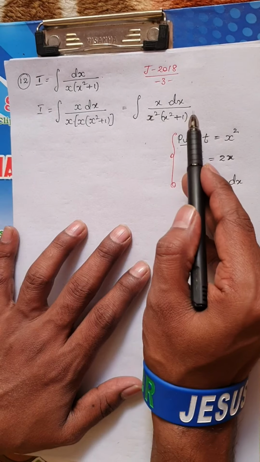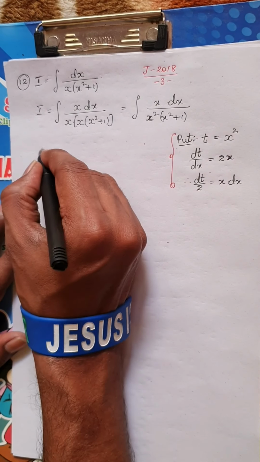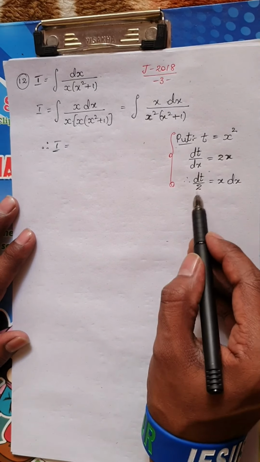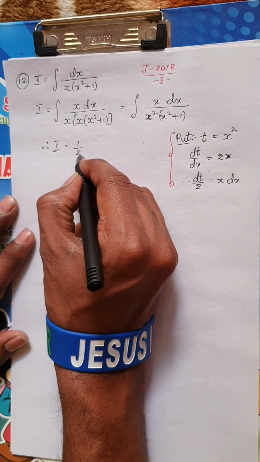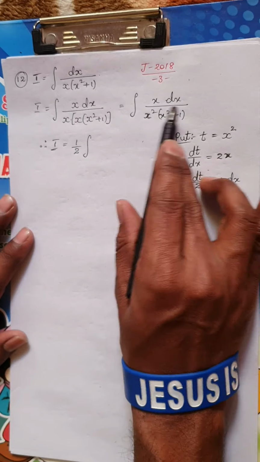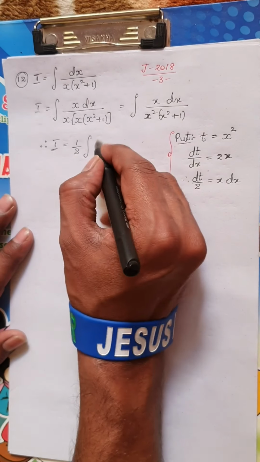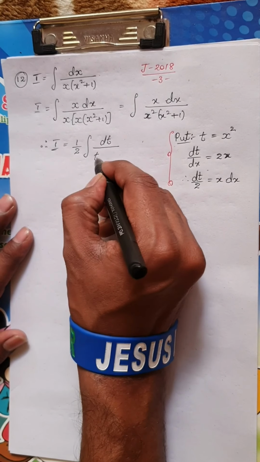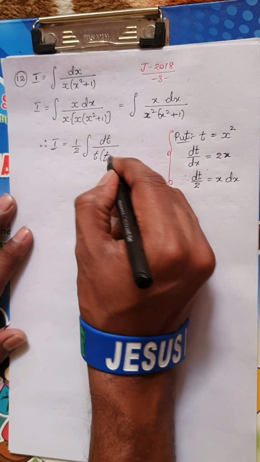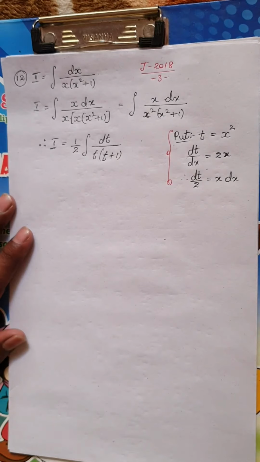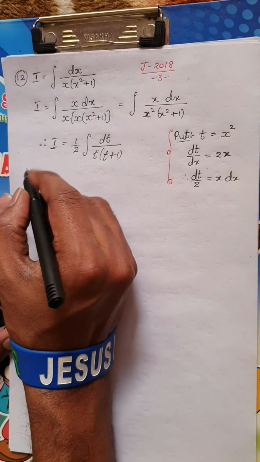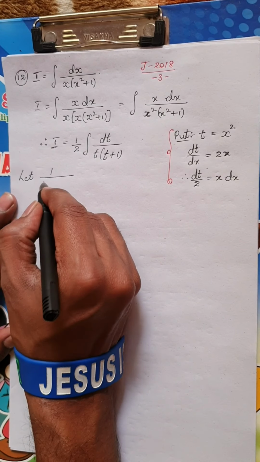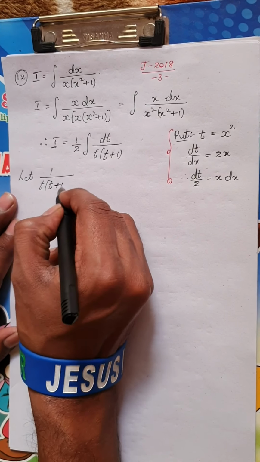Therefore, I is equal to 1 by 2 as it is, integral of x dx is nothing but dt by 2, so this is dt divided by x square, which is t, and x square plus 1, which is t plus 1.